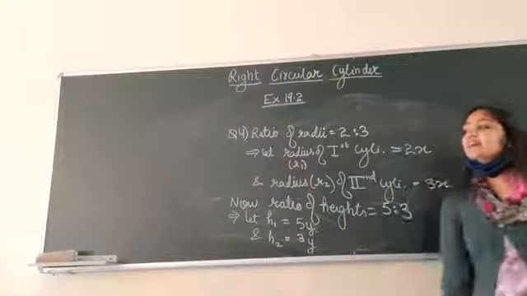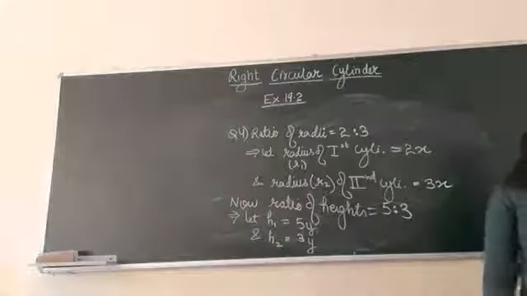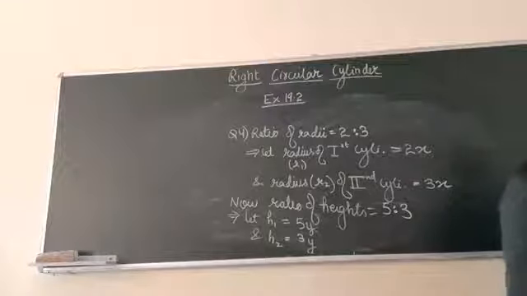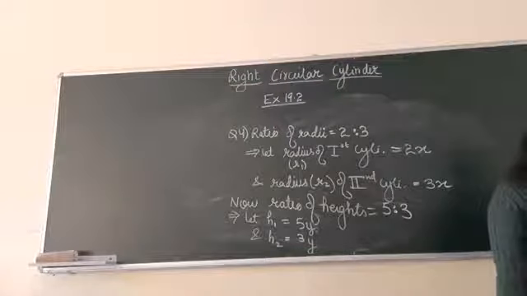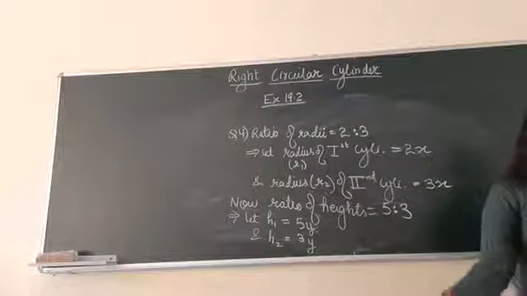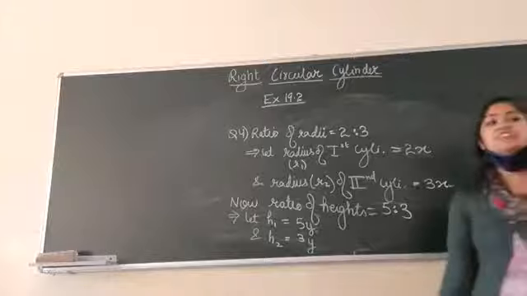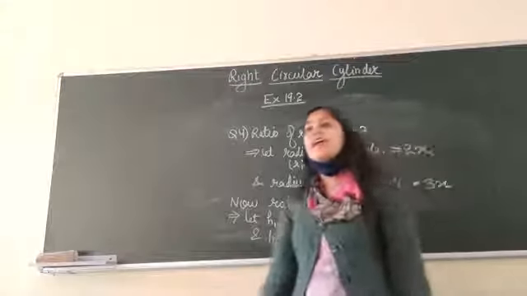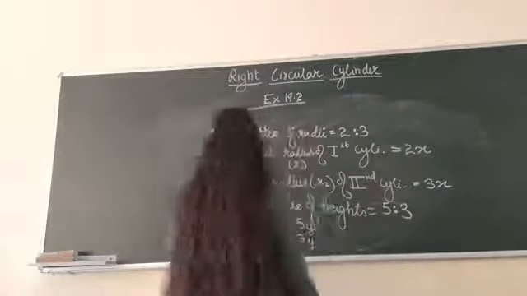Now they are asking us to calculate the ratio of curved surface area. Do you know the formula of curved surface area? What is the formula? 2 pi r h. Curved surface area is 2 pi r h. Okay.